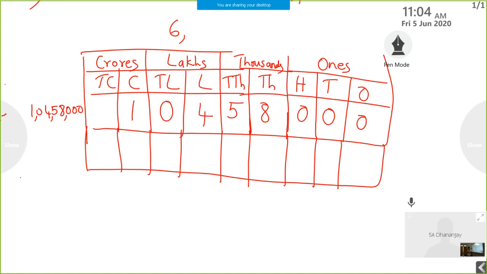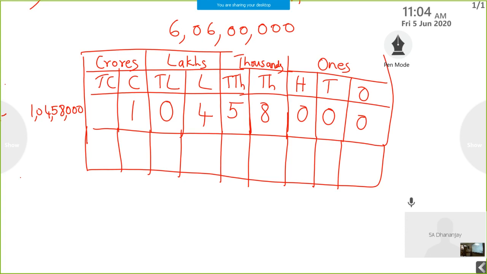Then in the lakhs period we have only 6, but the lakhs period should have 2 digits, so we represent it by 0, 6. The thousands period has no digit, so we fill that vacant place by 0, 0. The ones period is also filled by 3 zeros, because in the number name there is only 6 crore 6 lakh.